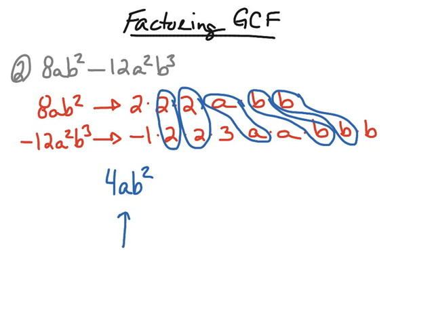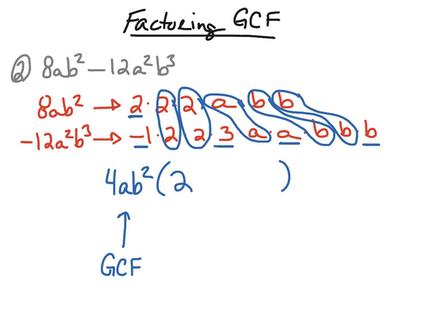So again, this right here is called the GCF, the greatest common factor. And that's the part that goes on the outside of the parentheses. Now we're going to find the part that goes in the parentheses. And that's going to be all the leftovers. So you notice in the first term, all I had left over was a 2, so that'll go in the parentheses. In the next term, I had a negative 1, I had a 3, an a, and a b.